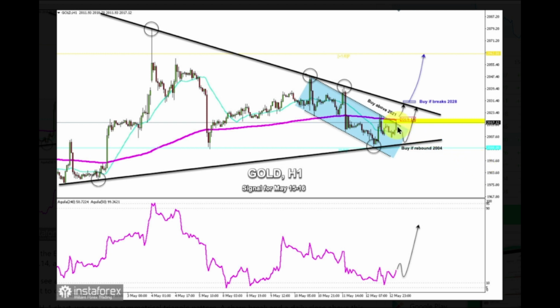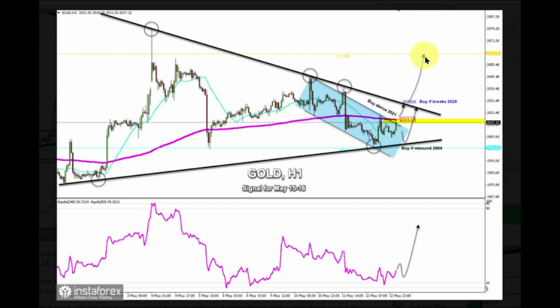In the next few hours, gold is expected to consolidate above 2021. If this scenario happens, we can opt to buy this instrument with the targets at 2028 and 2062.